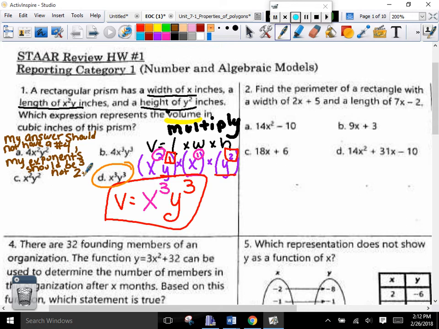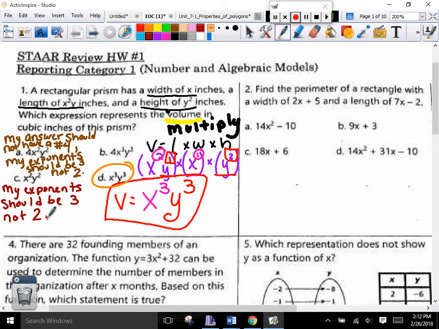My explanation for letter C: my exponents should be 3, not 2.